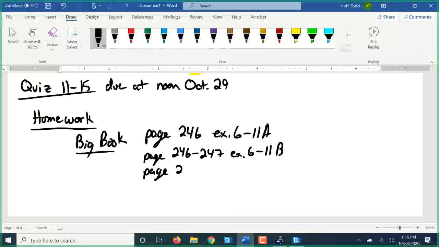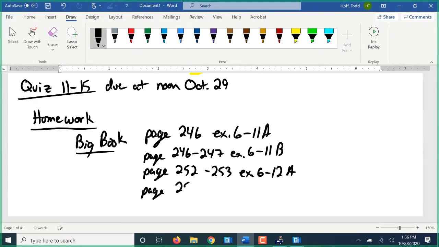Page 252, 253, Exercise 6-12A. And page 254, Exercise 6-12B. Of course, on all of those, you just need to do the odds.